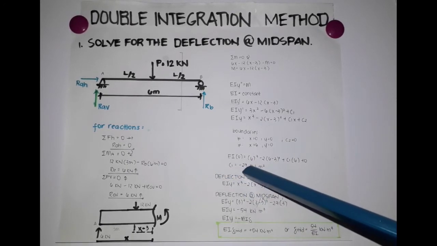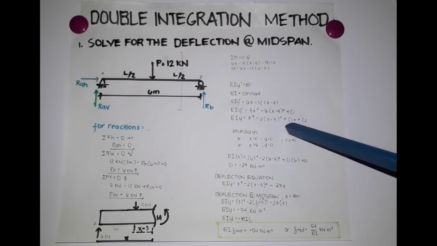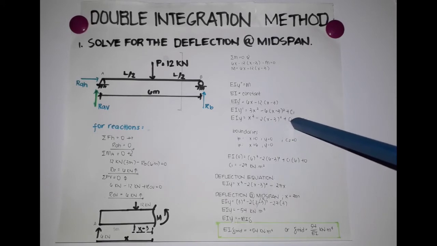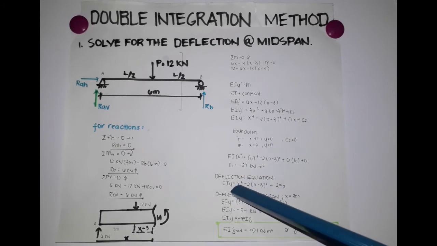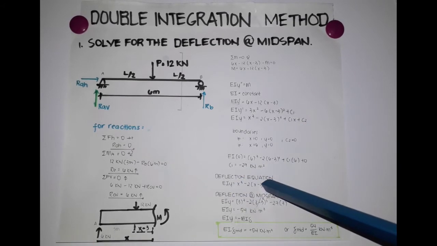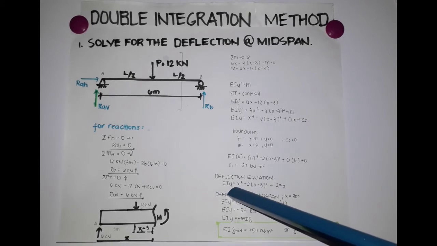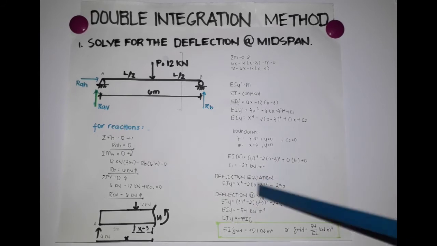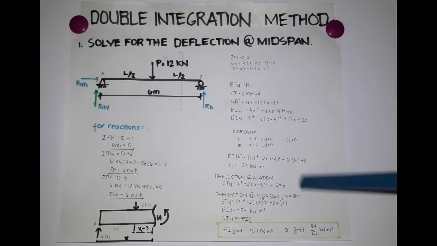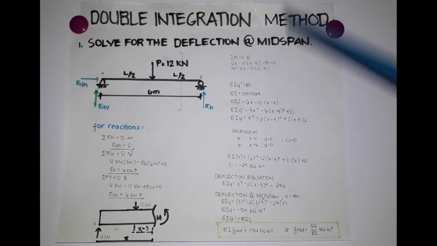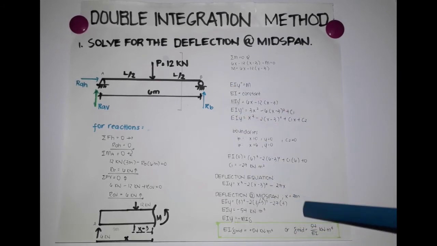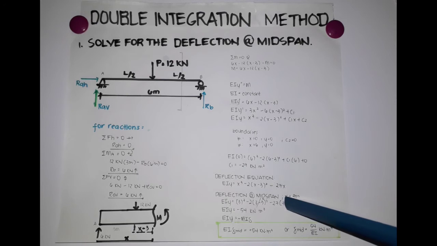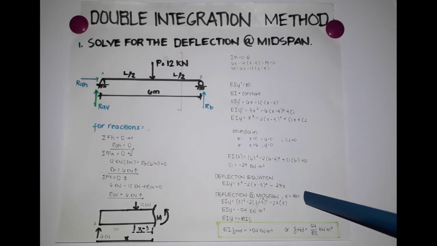Pag nilagay natin itong value ng C1 dun sa equation, makukuha na natin yung deflection equation which is EIy is equal to x cubed minus 2(x minus 3) raised to 3 minus 27x. Since yung required is the deflection at midspan, isa-substitute ulit natin yung x is equal to 3 which is yung midspan dun sa deflection equation.